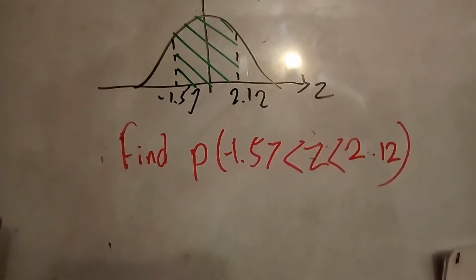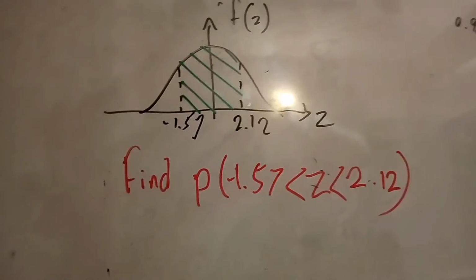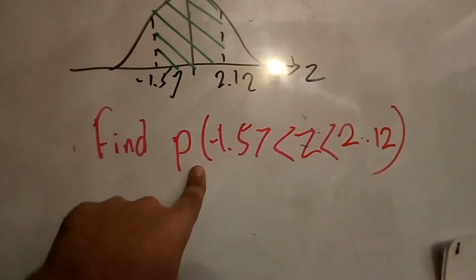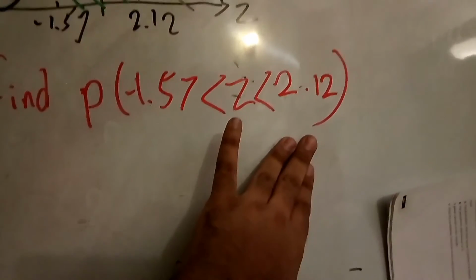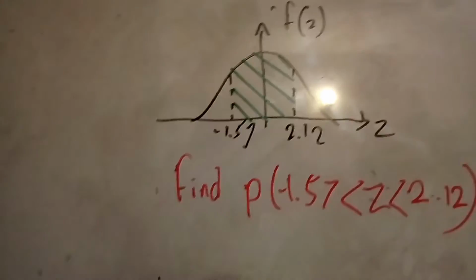So this is the final kind of question, and I won't go into the working since you should be able to do this one, but I'll tell you the basic gist. They ask to find the probability of z being between minus 1.57 and 2.12. So basically this area.